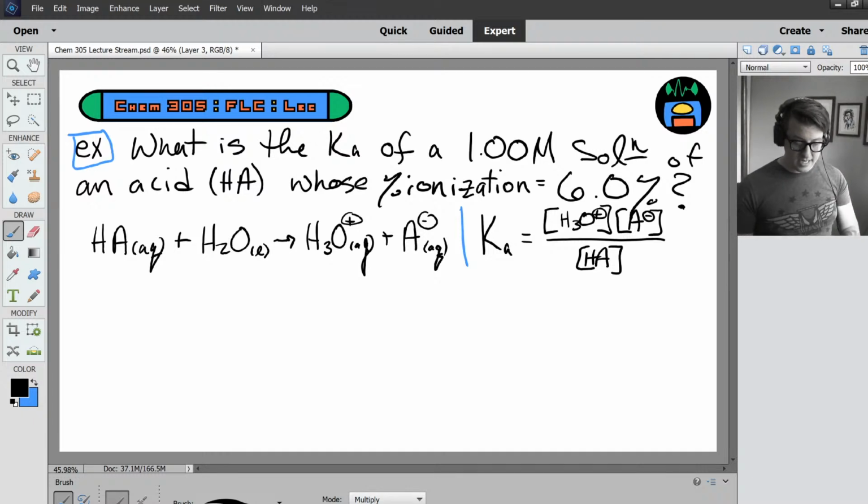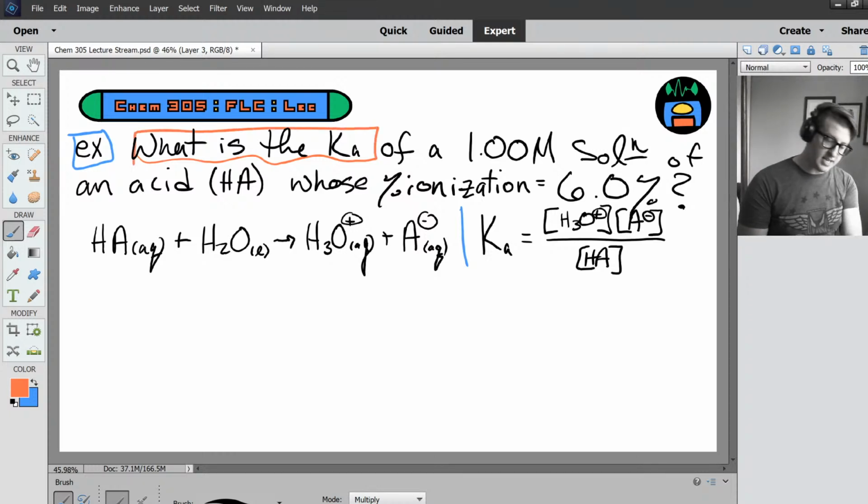So to calculate, and that's what we're trying to do here, right? We're asked, what is the Ka? To calculate Ka, we need three things: the concentration of hydronium, conjugate base, and acid in solution at equilibrium. To get there, we saw this just on the previous slide.